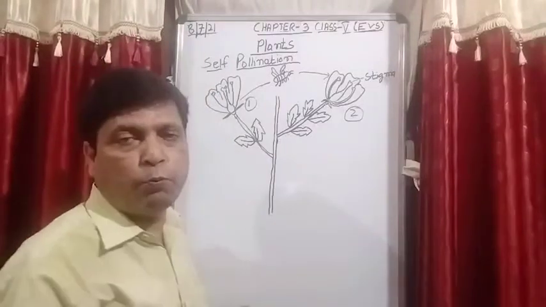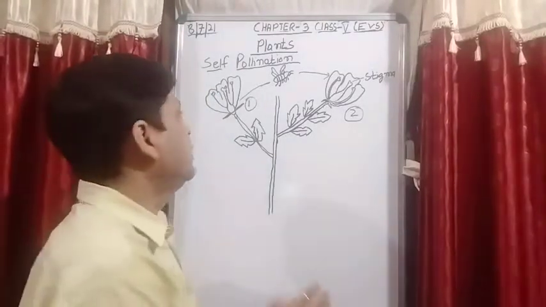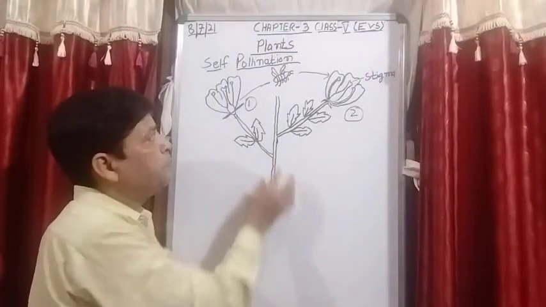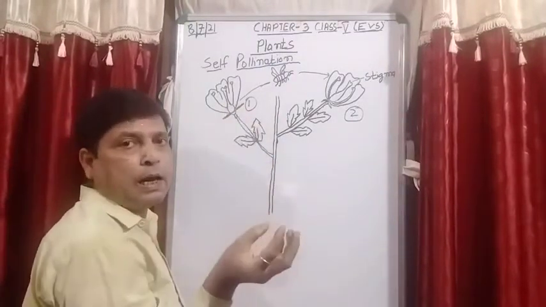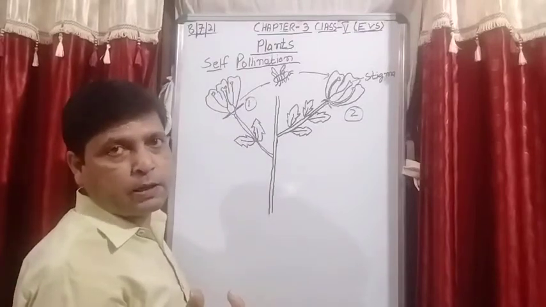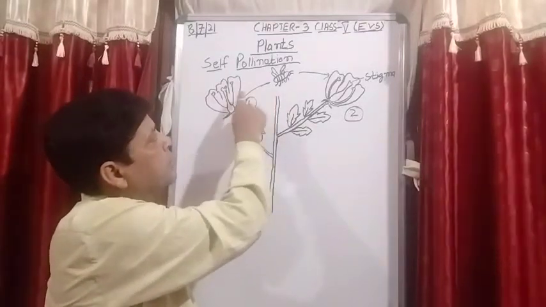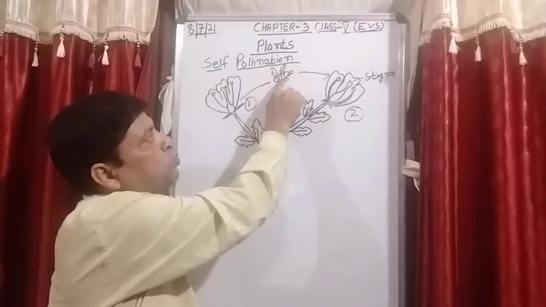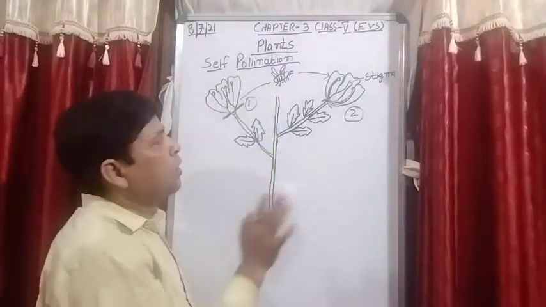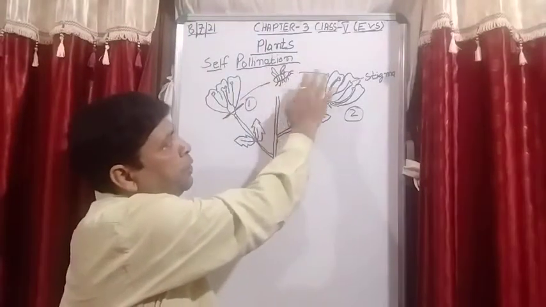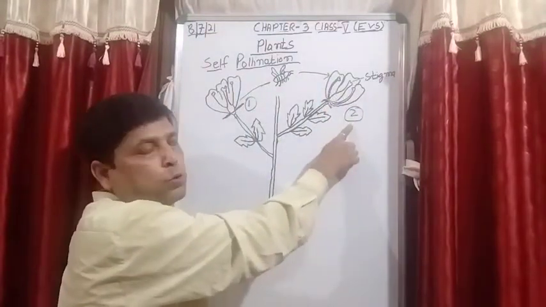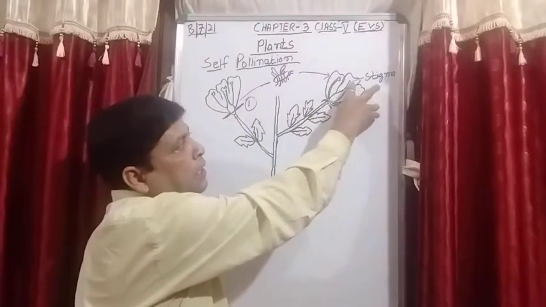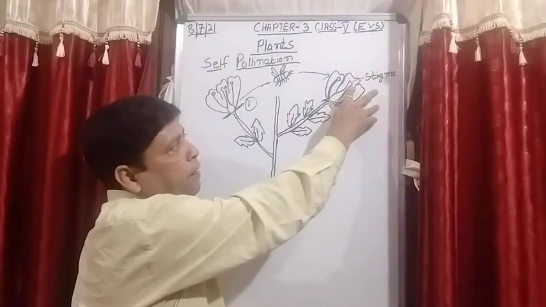One more time I revise it. See, two flowers on the same plant. The bee sits here for the purpose of the nectar, because nectar is the food. When she sits on this flower number 1, maybe anthers stick to the body of this bee. Now when the bee sits on flower number 2, pollens from the body of the bee are left on the stigma of this flower.